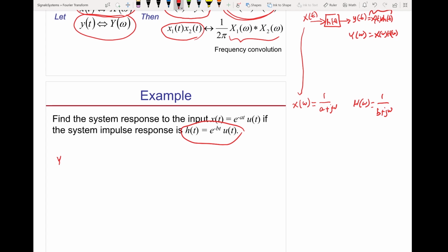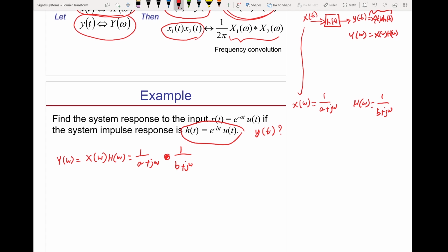Y of omega will be X of omega times H of omega. That's Y of omega. Now, the problem says find the system response to the input, so we need to find y of t, not Y of omega.